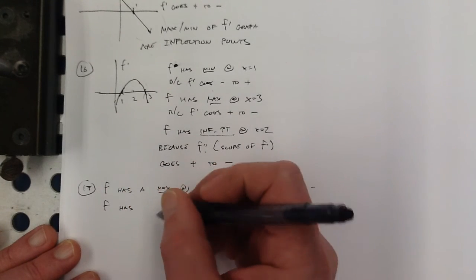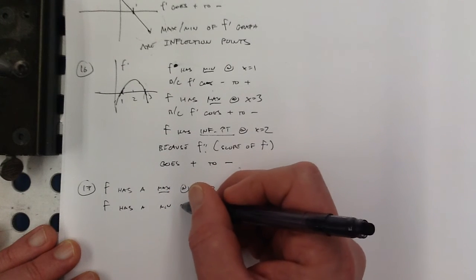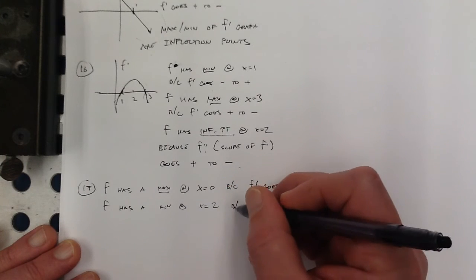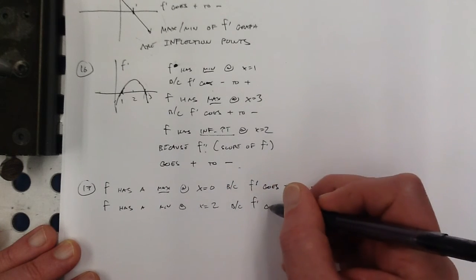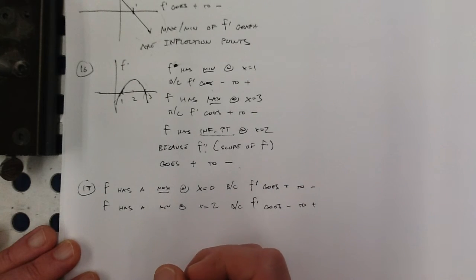F has a minimum at x equals 2 because f prime goes from negative to positive.